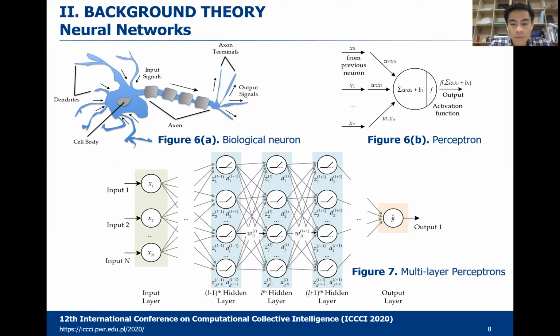The output from the previous neuron becomes the input of the current neuron. After scaling with the corresponding weight, all inputs are summed up and then transformed by the activation function illustrated in figure 6b.